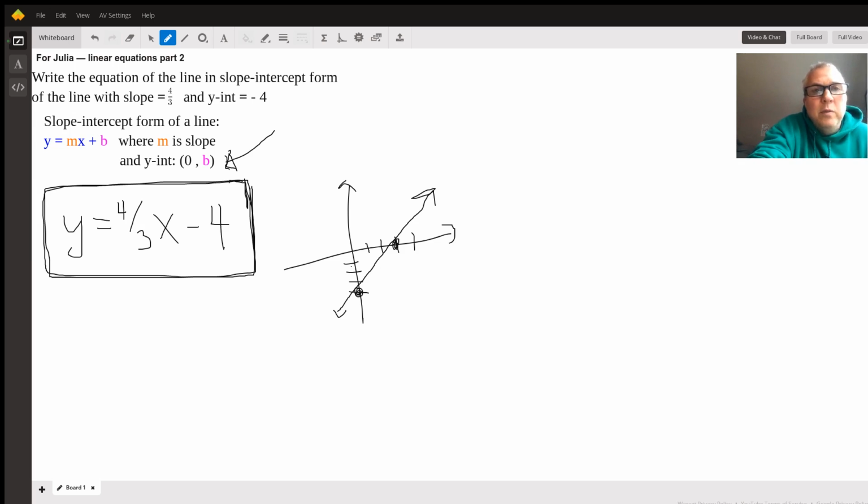But slope-intercept form is a super useful form, because we know what the graph is going to look like. We don't need a handy-dandy little graphing calculator to type it in and graph it. We can just graph it by hand, and frequently algebra teachers will ask you to do that with linear equations. Generally speaking, the easiest way to do that is by putting the equation, if it's not already in there, into slope-intercept form.